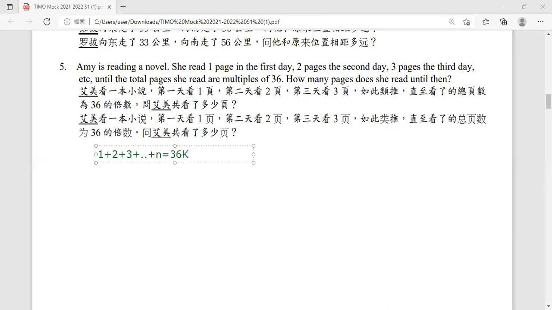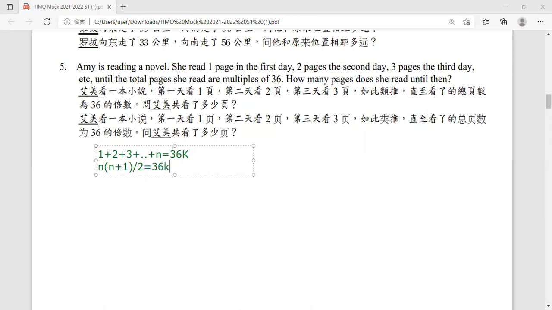You are solving this kind of question because you read 1 page on the first day, 2 pages on the second day, 3 pages, etc., until the total pages you read is 36. If you are smart enough, you will know that the sum on the left hand side equals n times n plus 1 over 2, equal to 36.